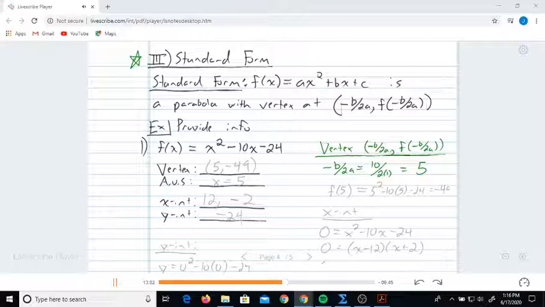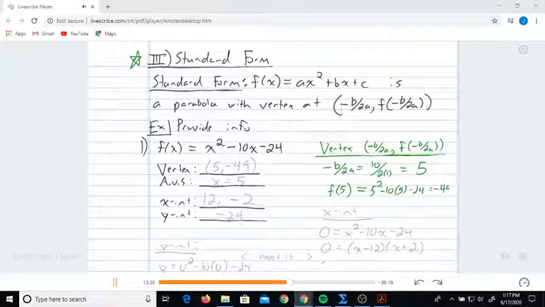And when we plug that in, that's going to be 5 squared minus 10 times 5 minus 24. And that's going to be 25 minus 50 minus 24, and we get -49. So our vertex, the x coordinate is 5, the y coordinate is -49. And there's our axis of symmetry.